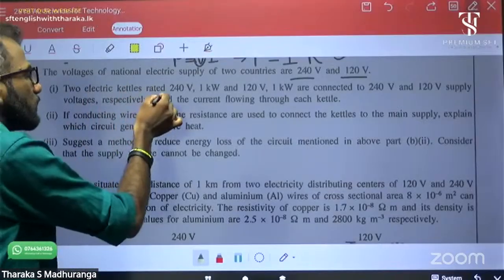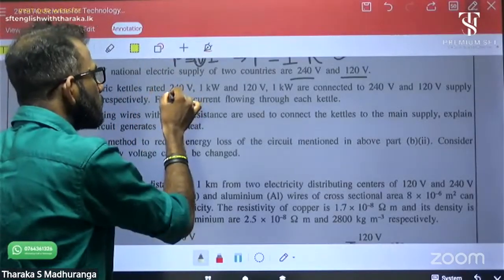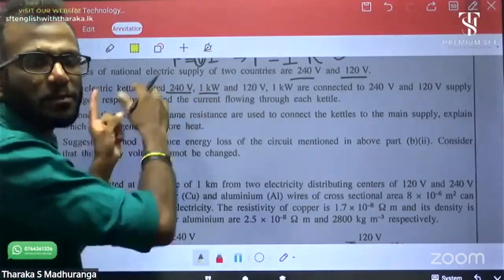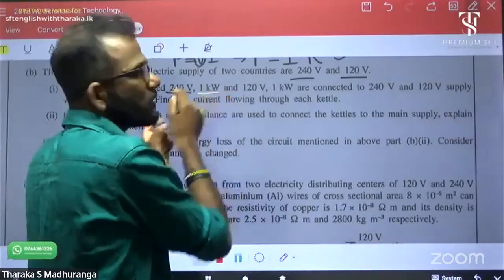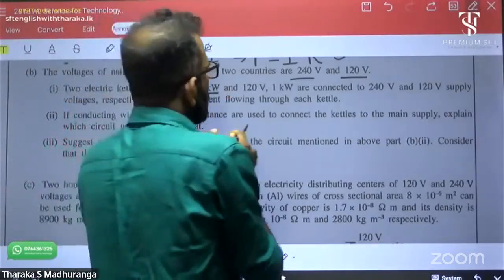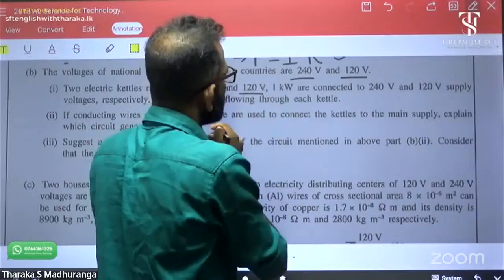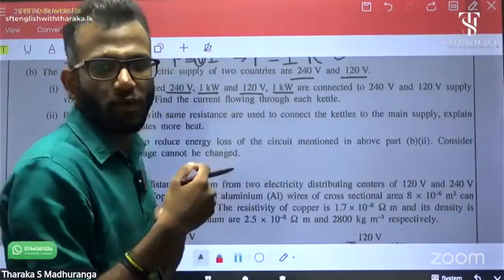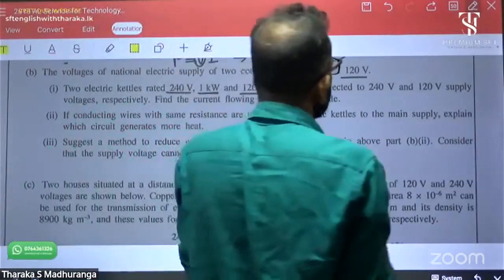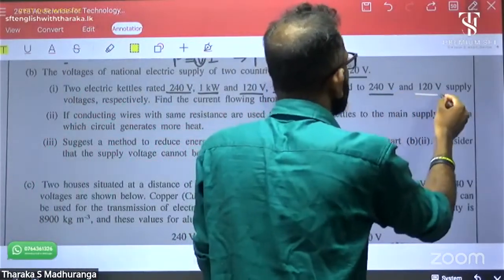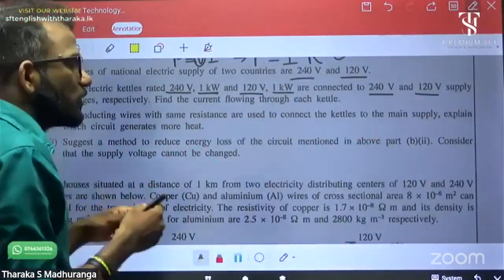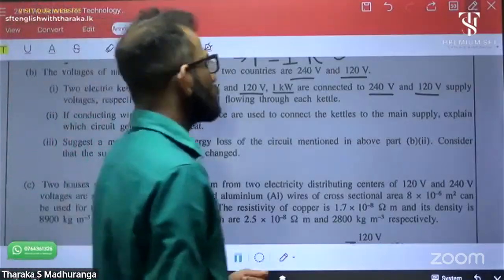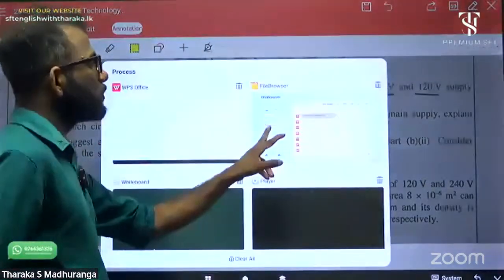Two electric kettles: the first one is rated 240 volts and 1 kilowatt, meaning supply voltage and power. The second kettle is rated 120 volts with the same power, 1 kilowatt, 1000 watt. They are connected to 240 and 120 volt supplies respectively. Find the current flowing through each kettle.